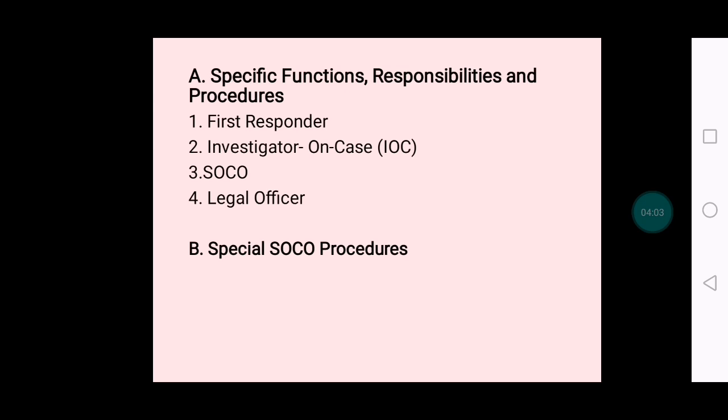Next is legal officer. In here, they will make a determination through searching questions to the COP if the crime reported falls within the definition of sensational crime or serious election-related incident under PNP MC 2013-004.